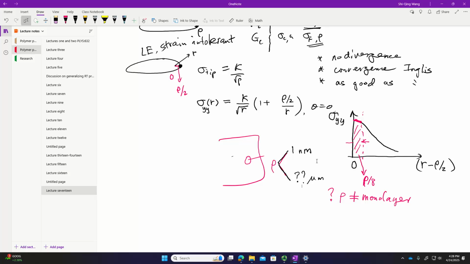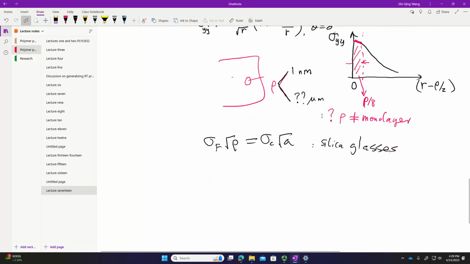But a lovely homework would be exactly this Inglis result for your window glass. Now we can really plug them in and appreciate everything.